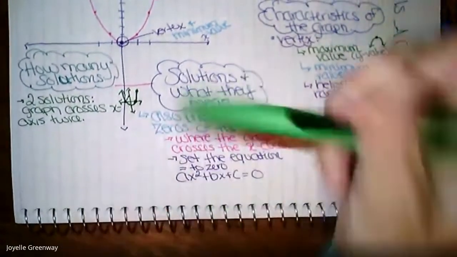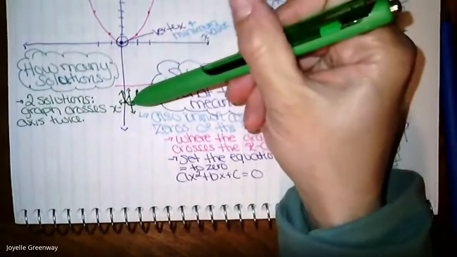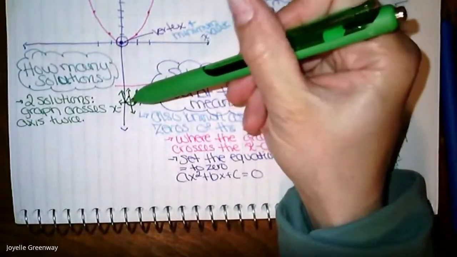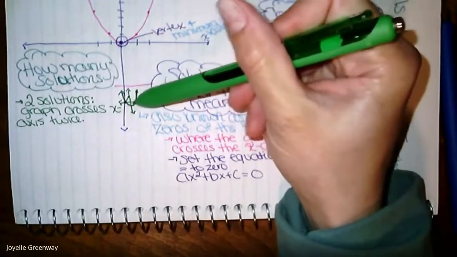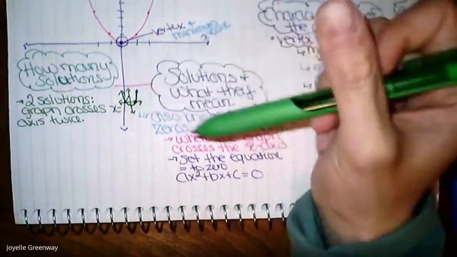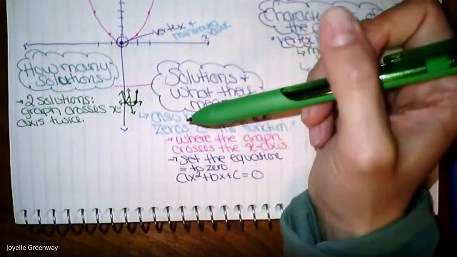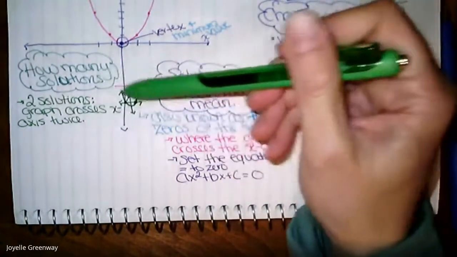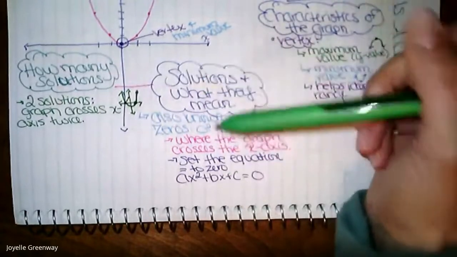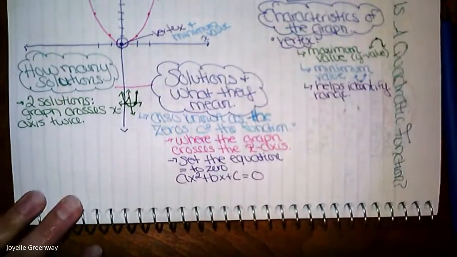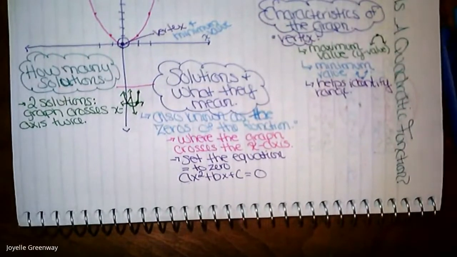And what you found were what those x values are where your graph hits the x-axis. So that will help you make your parabola. Okay, so 2 solutions means your graph is going to cross your x-axis twice, and that will help you graph it. Okay, so 2 solutions. We then have 1 solution.